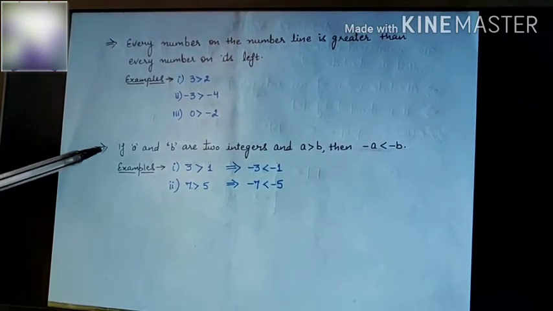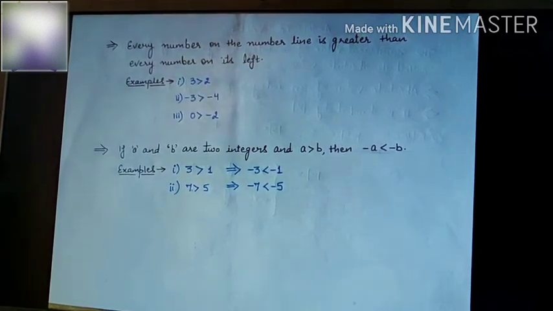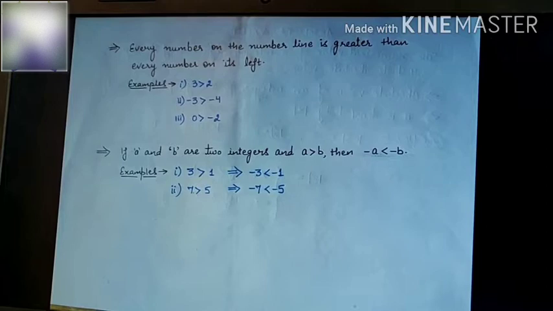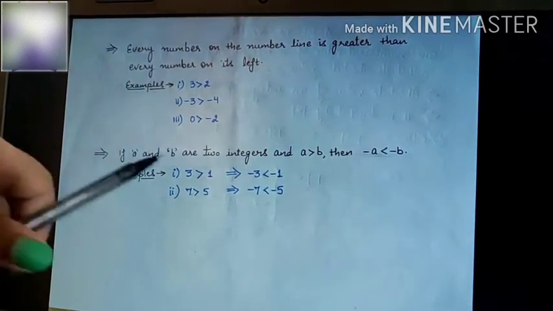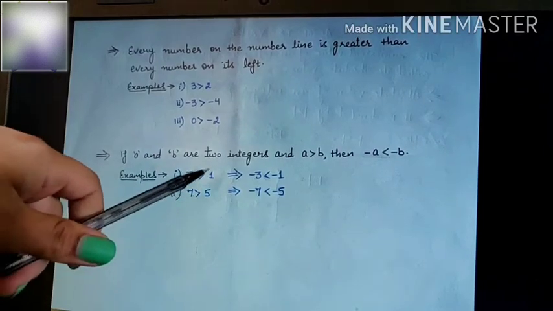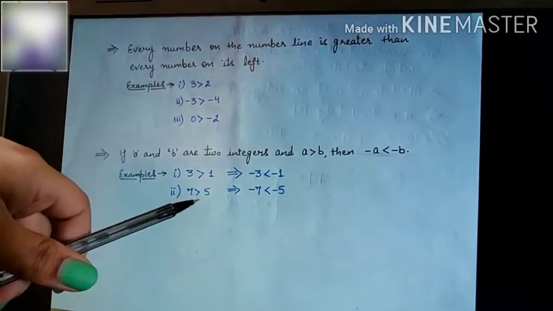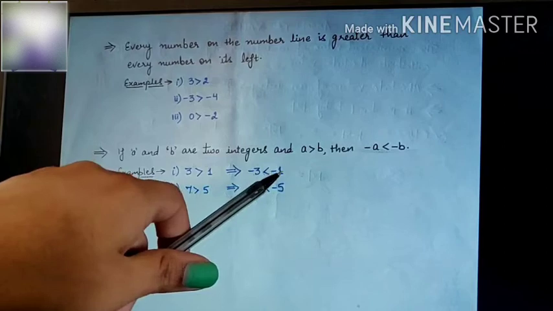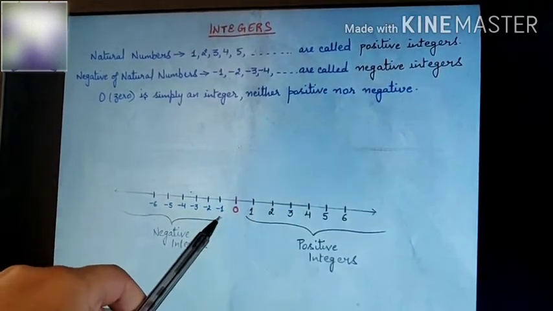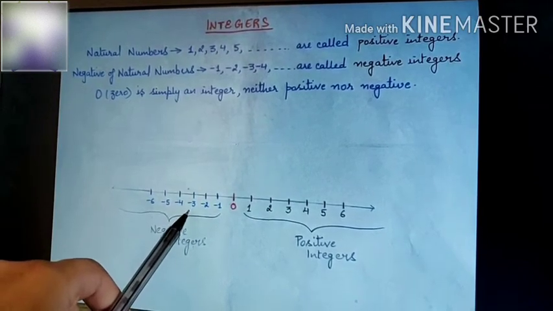And the next point is, if a and b are two integers and a is greater than b, then -a is less than -b. For example, 3 is greater than 1, we all know. But if I take the negative of these two numbers, I have -3 and -1. Now let us see on the number line. -1 is on the right and -3 is on the left.